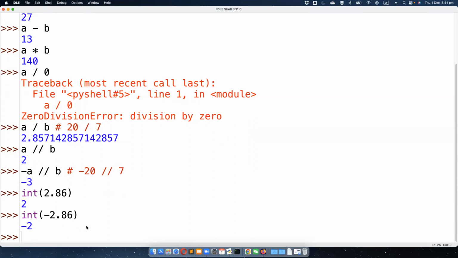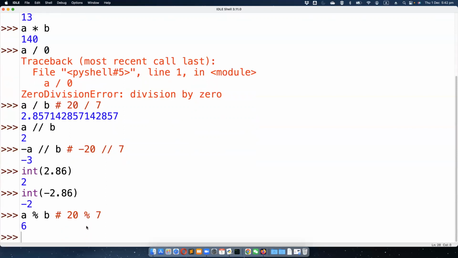Next, let's look at the modulo operation, which produces the remainder of a division operation, like a modulo b, that is 20 modulo 7. We'll get, you guessed right, 6. And the last integer operation in Python we'll talk about is the power operation, like 3 powered by 3.